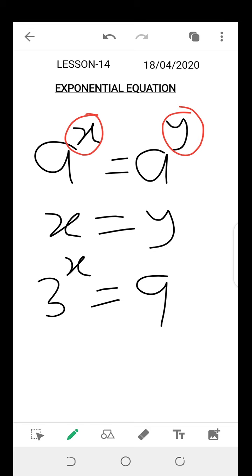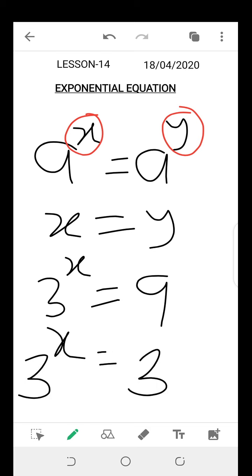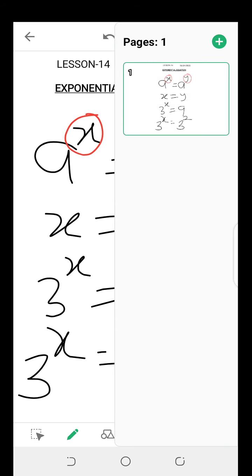So we say that 3 raised to power x is equal to 3 raised to power 2, because 3 raised to power 2 will give us 9. So now we have the same bases, we can now equate the exponents. So we can now say that x is equal to 2. Very easy. This is how we solve exponential equations.